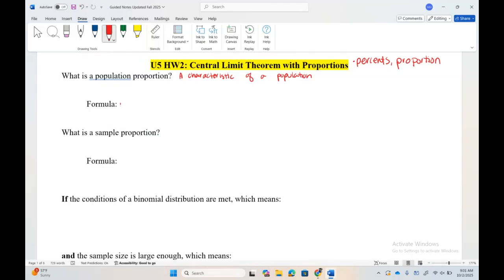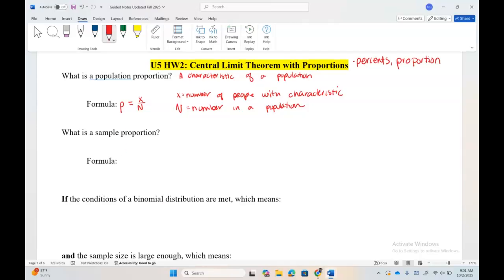We use a P for the population proportion, and to find it, we just take X and divide by big N. X is the number of people with that given characteristic, and N, big N, is the number in a population. Sometimes P is given to you in a word problem, and sometimes we need to figure it out.